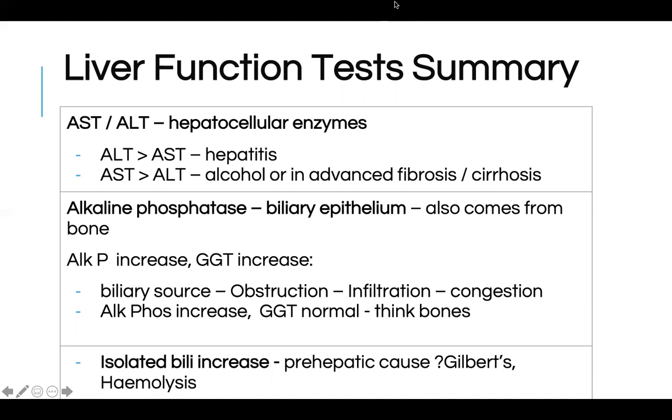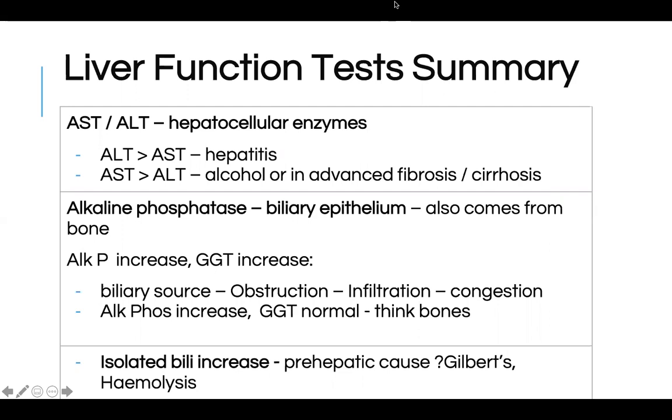There are a couple of reasons it could be. Sometimes it's a genetic component, like Gilbert's, or sometimes it's other causes like breakdown of your blood, like hemolysis. I think it needs further investigation and discussion with the appropriate teams, gastroenterology or hematology. That's what I would say. I hope that helps.